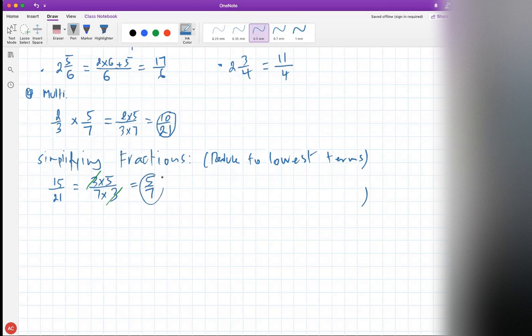So this is a better form of this fraction. It's simplified, or we can say it's reduced to the lowest terms. It is the same value, by the way. If you divide these two, it is the exact same thing as these two, but this one is much better. We'd rather have smaller fractions, because we can make sense of them easily.